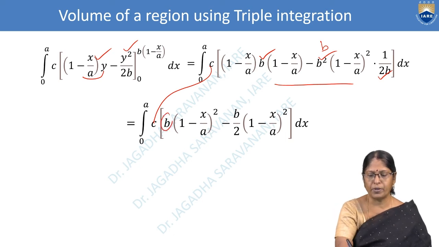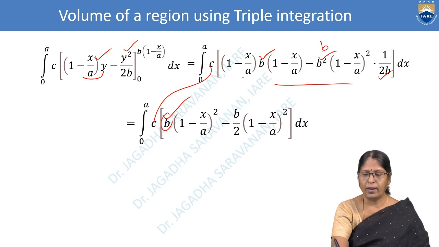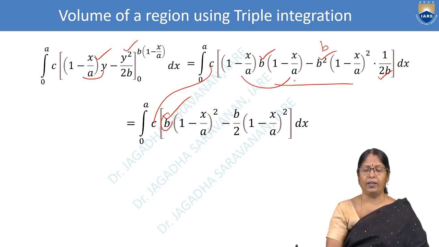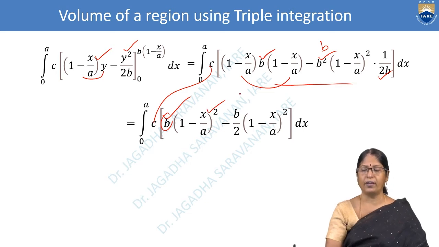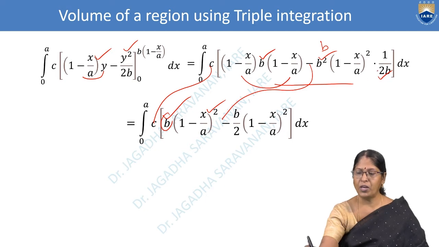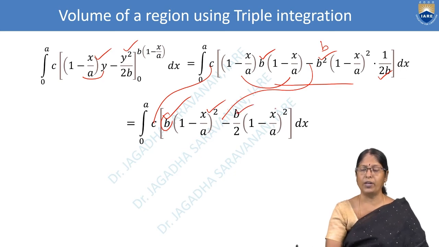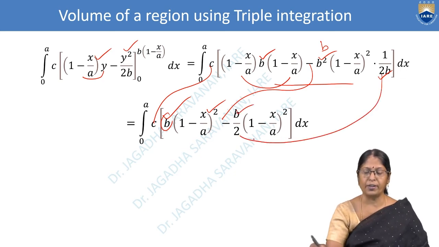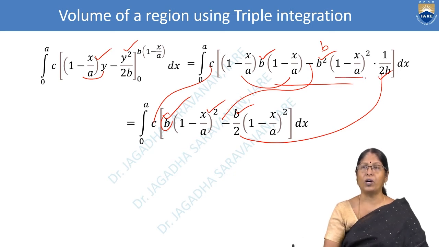That is kept, b as a common term, and both multiply (1 − x/a) whole square. This minus is kept as it is. Here also we didn't take it common. In the next step it is written as it is, and this 2 is also written here, with the whole square of 1 − x/a.